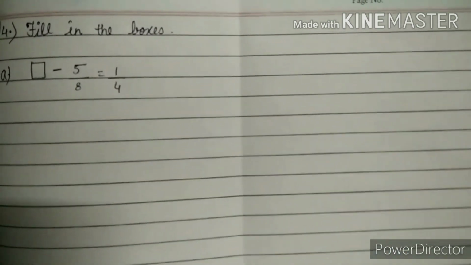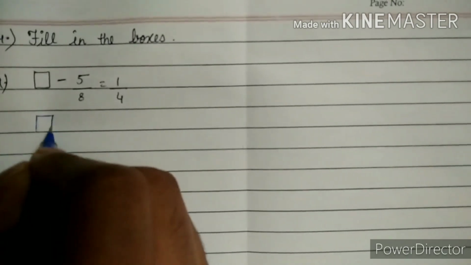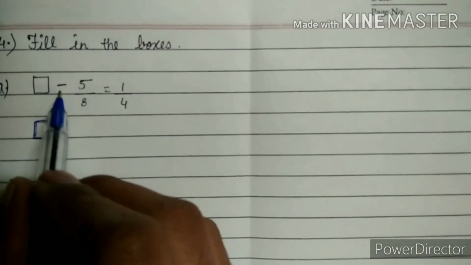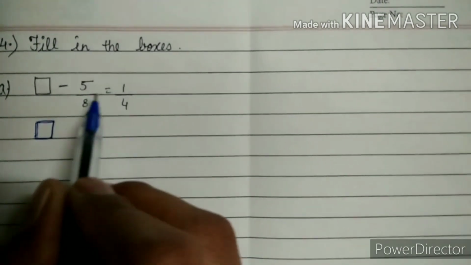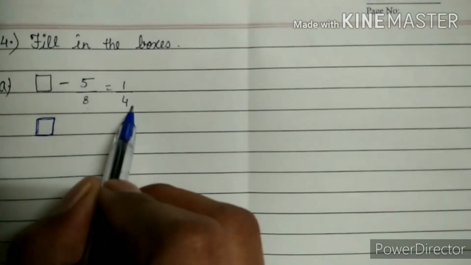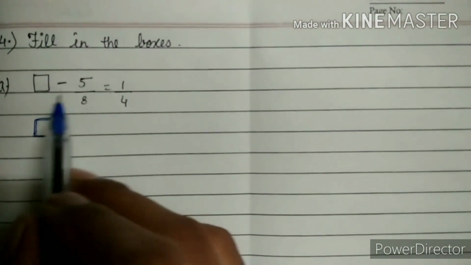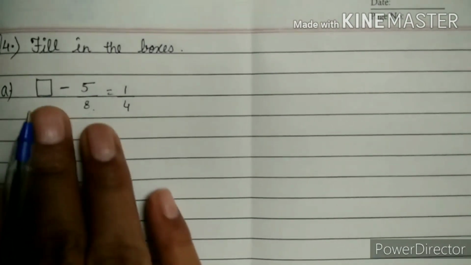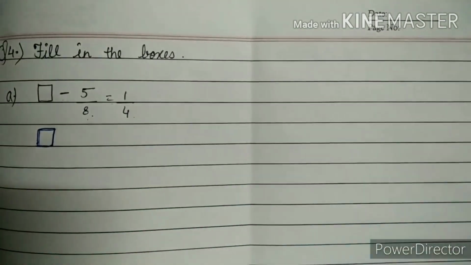Here we have a box and near the box we have a value, that is minus 5 by 8 equal to 1 by 4. You can see near the box minus 5 by 8. So we want to send this minus 5 by 8 to the opposite side.